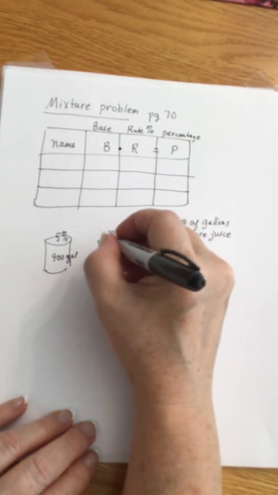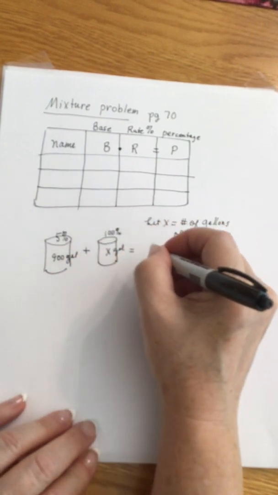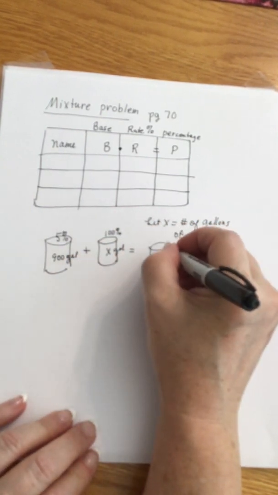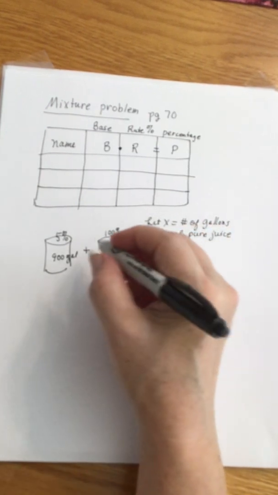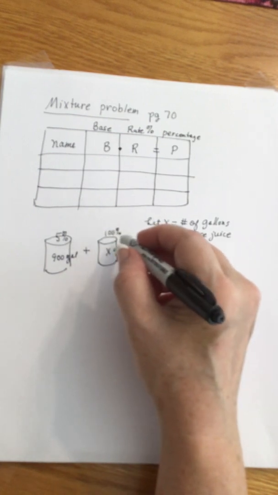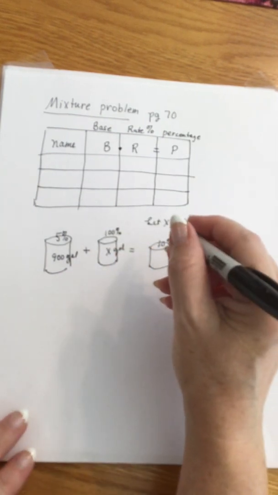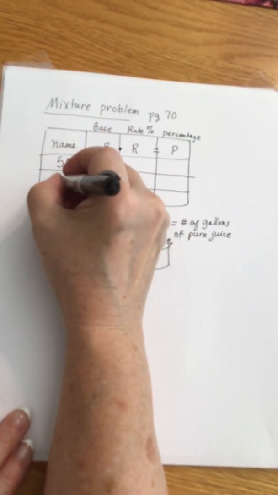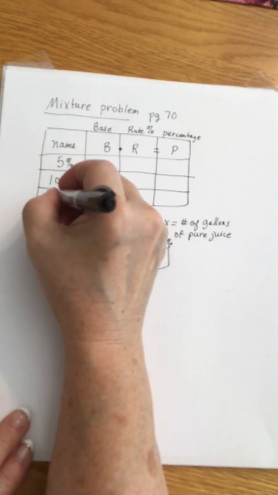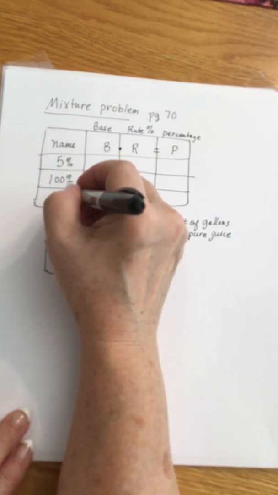And we're going to add this juice to the other juice to come out with a total of 10% juice. So this over here has to be the 10% juice. So it kind of makes sense. If you have a lower percentage and you're adding a higher percentage, then that percentage of juice is going to raise up. So we have 5% juice, we have 100% juice, we have 10% juice. So this would be the two that you're going to put together to make the 10%.